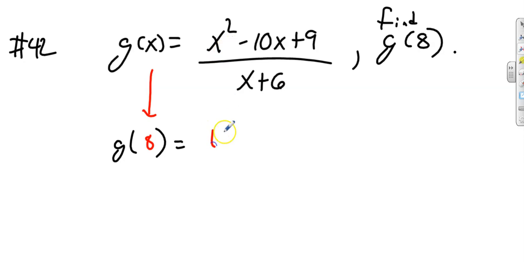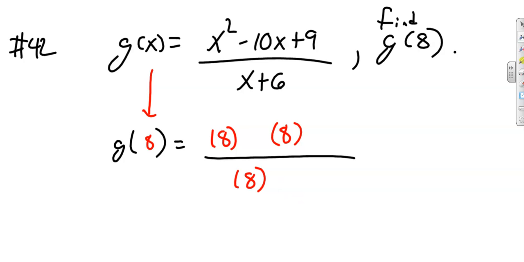All you're going to do is you're going to take out the x. Everywhere you have an x, put an 8 in its place. And then everything else around it, you're just going to go back and work in all those pieces.